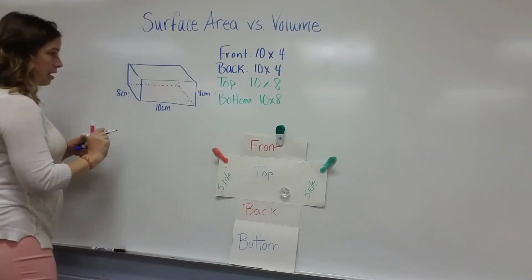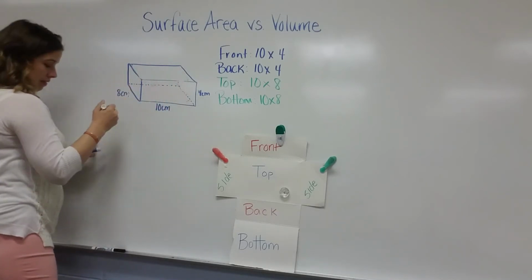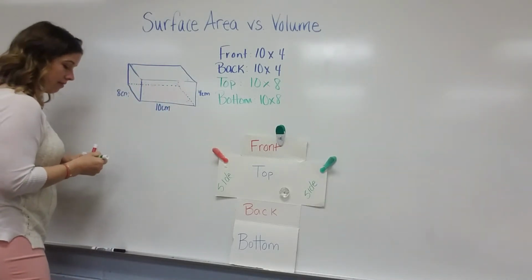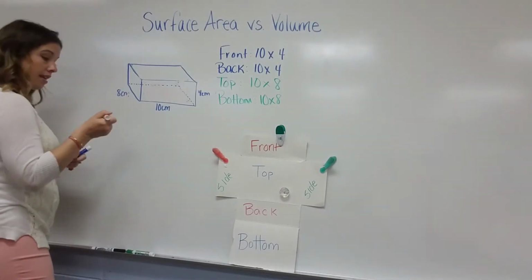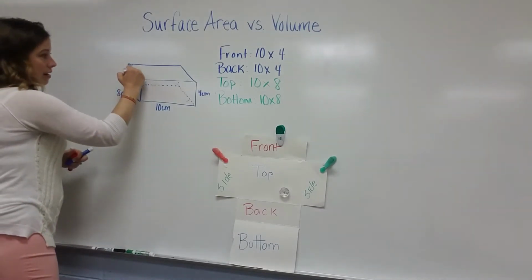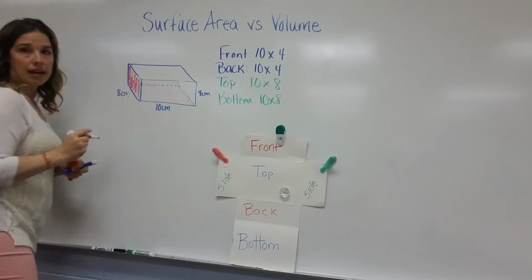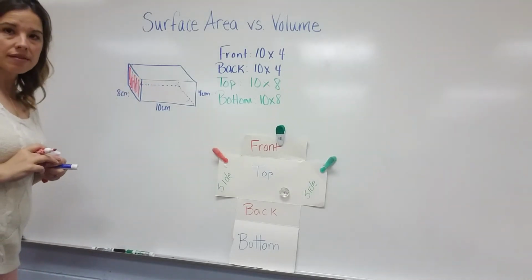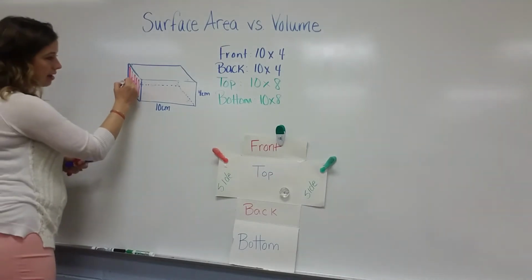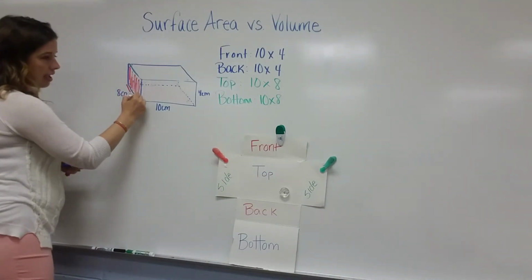So now, right here, have a red? Oh, yes I do, okay? Right here is my side, okay? So I have to find the dimensions of my side. So if I look, it's right here, it's 8, okay?